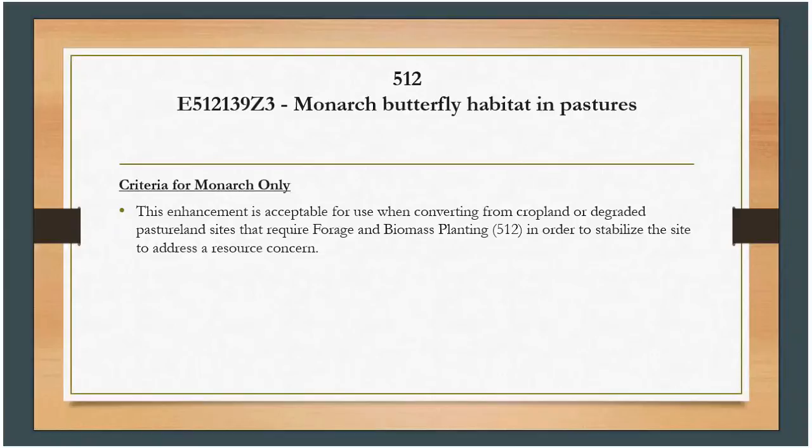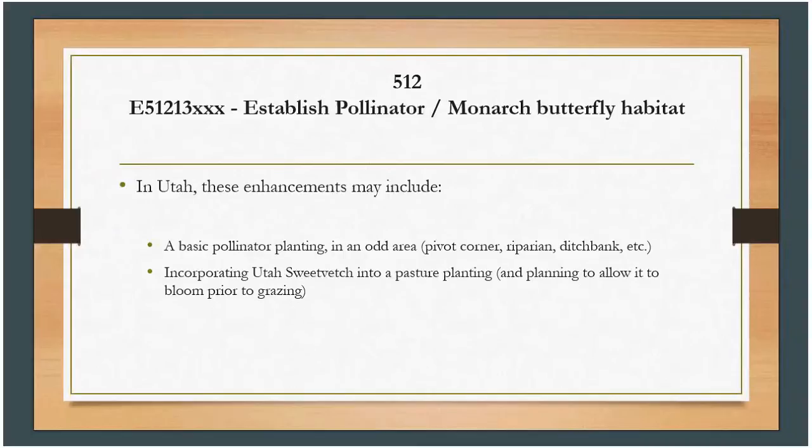And then one bit of criteria that's specific only to monarch habitat work in pastures is that the enhancement is acceptable for use when converting from cropland or degraded pastureland sites that require forage and biomass planting in order to stabilize the site to address the resource concern.